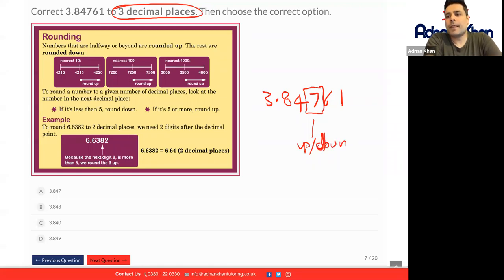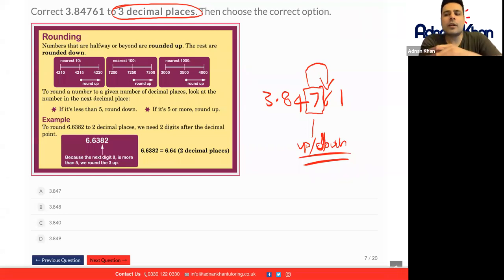Now, the reason 7 is going to move up or down is because we're going to look at the number straight after the 7 to see if it's either halfway or more than halfway.